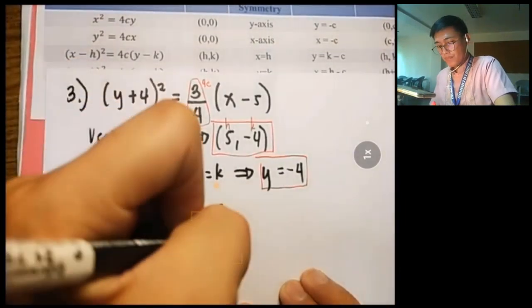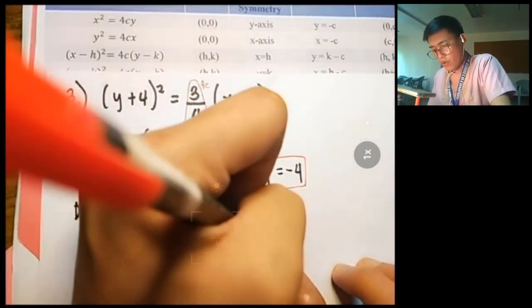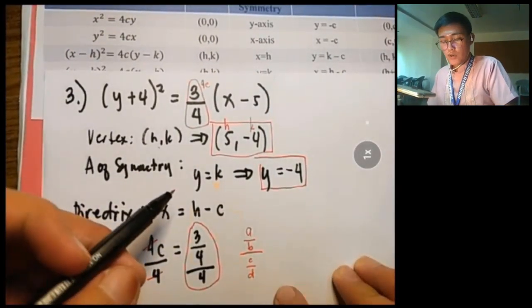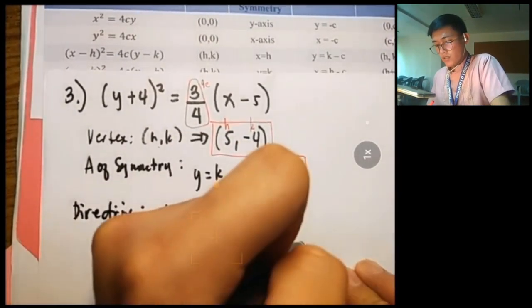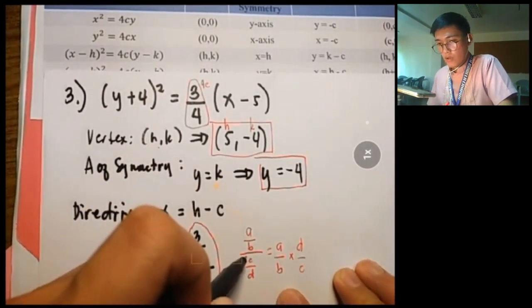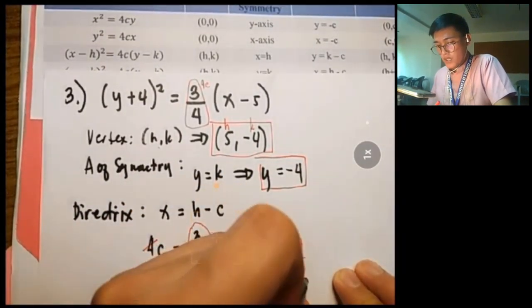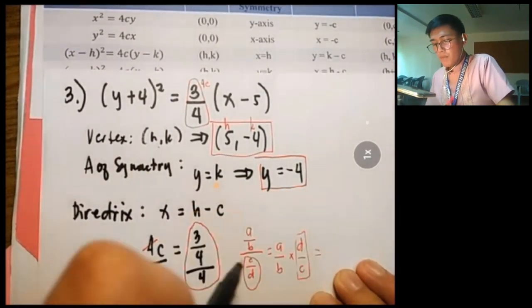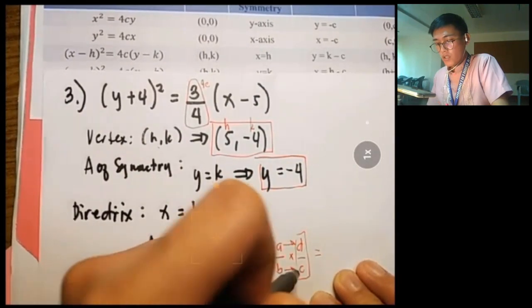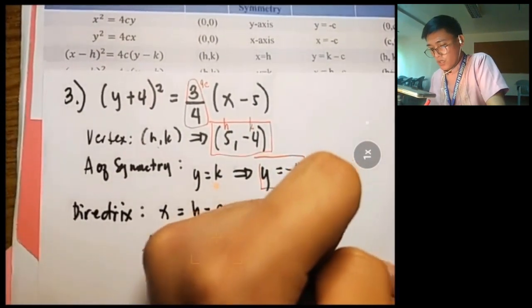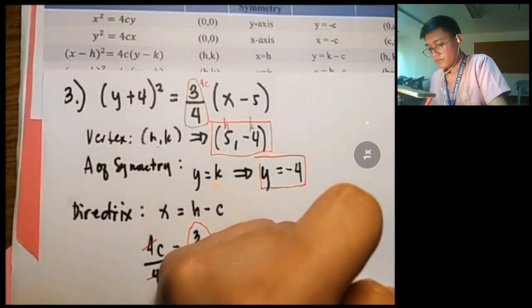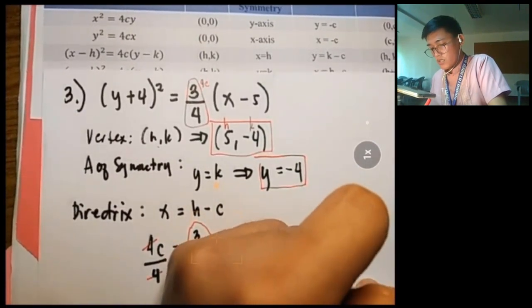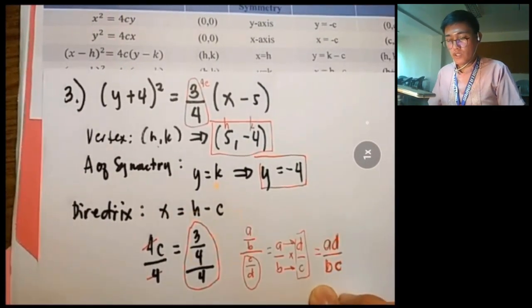So, if we have A over B over C over D, that would be equal to A over B times D over C. As you can see, this C over D has its reciprocal, D over C. And if it's multiplication, we just do direct multiplication: A times D, and B times C.